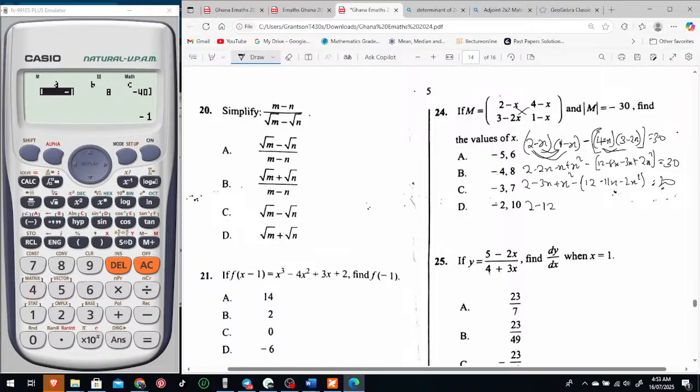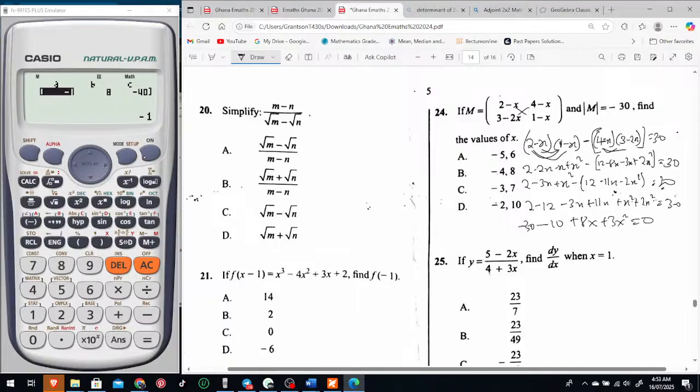So the 30 becomes negative 30 equals 0. So this gives you positive 3x squared plus 8x minus 40.